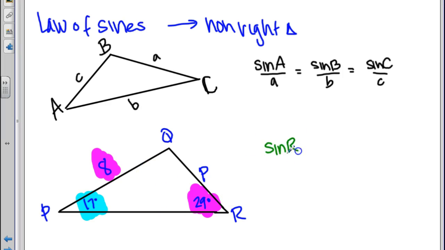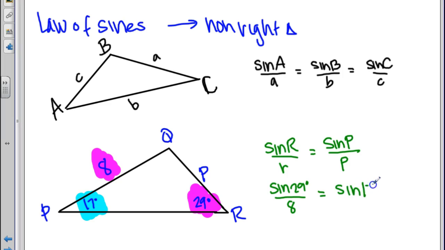Sine of angle R over side R is equal to sine of angle P over side P. Now I use these because I'm given 3 out of the 4. So we have the sine of 29 degrees is angle R divided by side R is equal to the sine of angle P over side P.